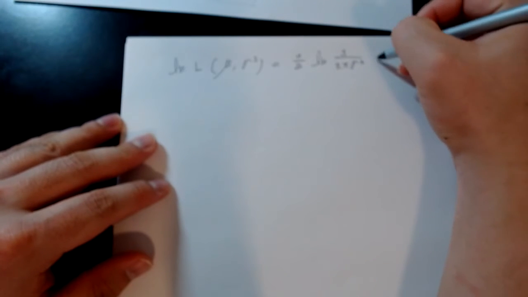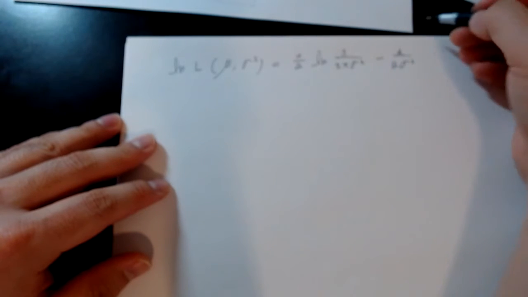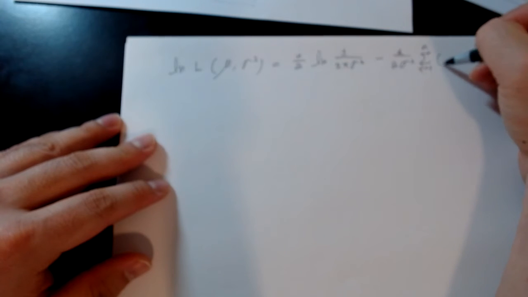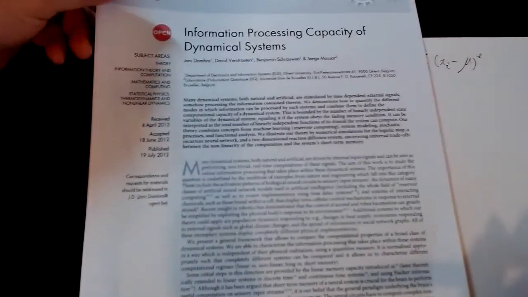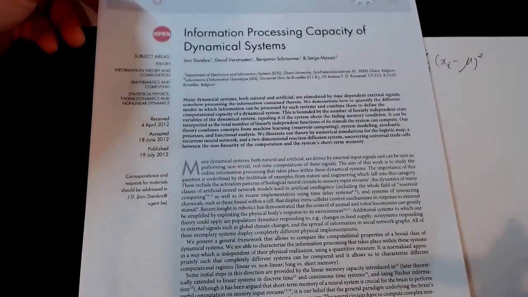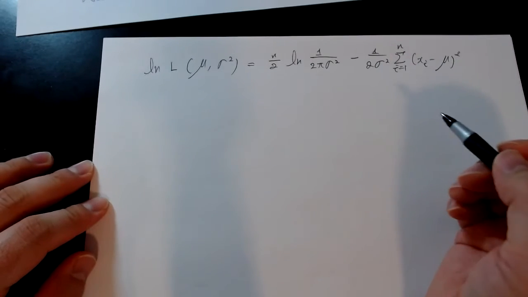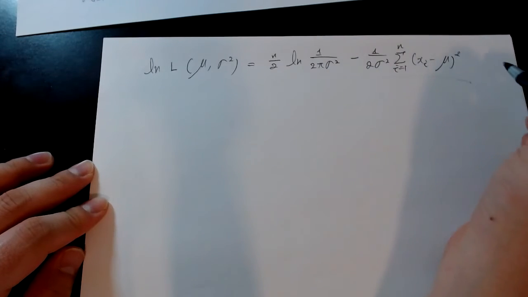And then minus 1 over 2 sigma square, summation i equals 1 through n, x_i minus mu squared. Okay, so now then this is equal to, yeah, that's it. I think, can we simplify more? I think, yeah, that's it.